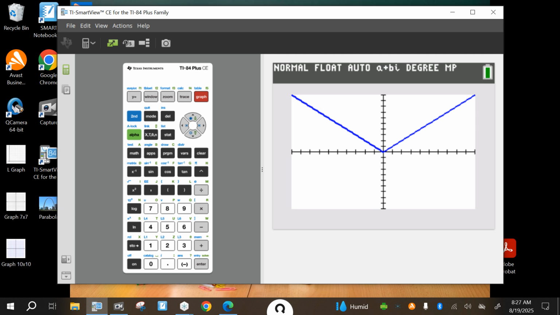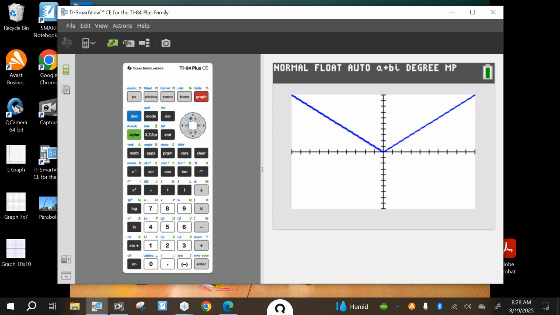Now, if you notice, V's have basically two linear parts that come together at that vertex, right? And if they're linear, they have a slope. What do you think the slope is of this line to the right of my vertex? Looks like it goes up a certain amount and over a certain amount.